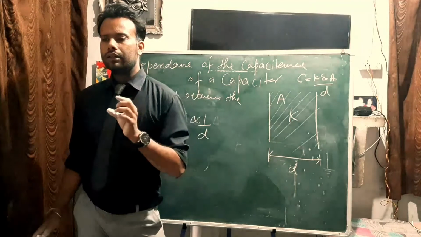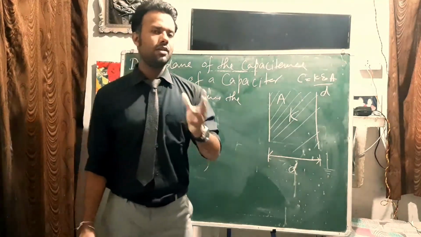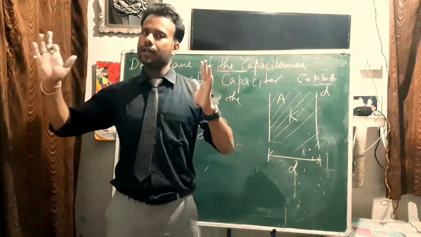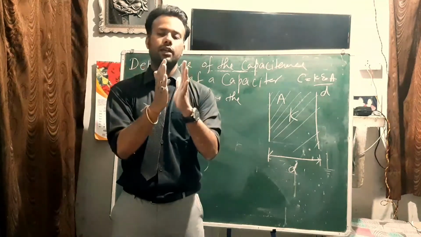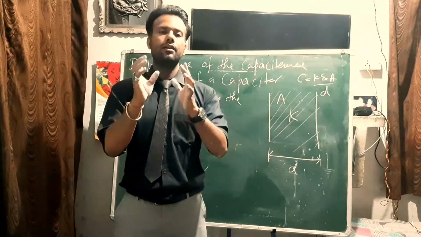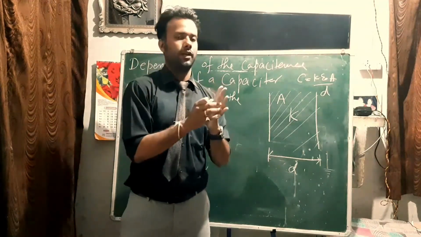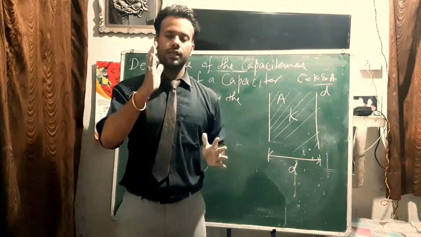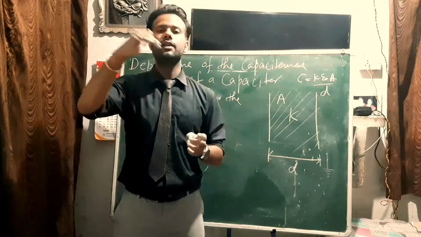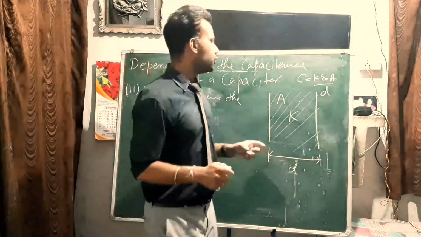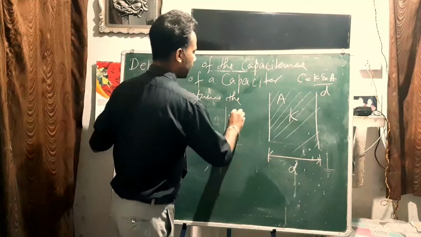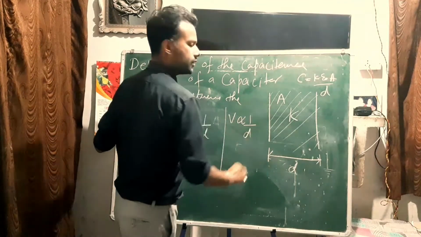See, the basic fundamental of the capacitor is that if the second plate comes closer to the first plate, then this plate creates a negative potential which affects the potential of the first plate. So due to the second plate, the potential of the first plate decreases, and potential is inversely proportional to distance.